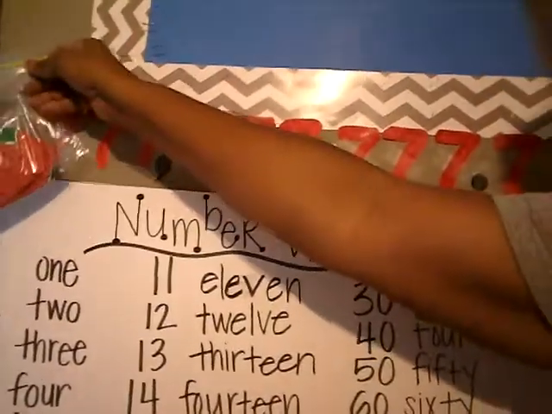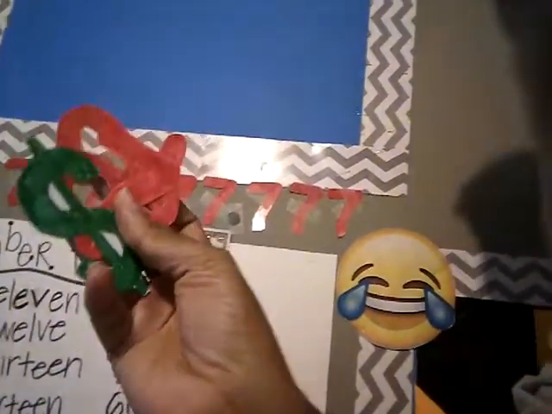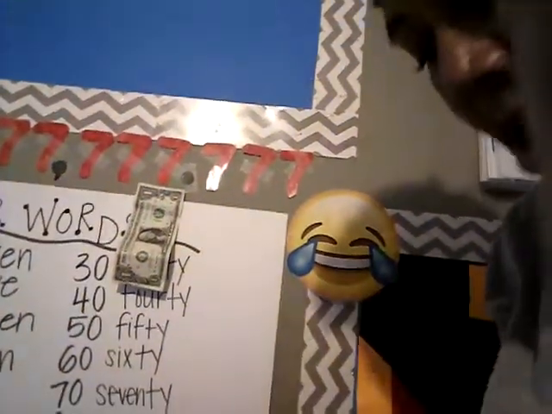So here's the bag. It just hangs up here like this. If I put the camera down for a second, I can pull out some numbers. Okay, just to show you what I'm talking about, here's a dollar sign. Here are some other numbers that I made.